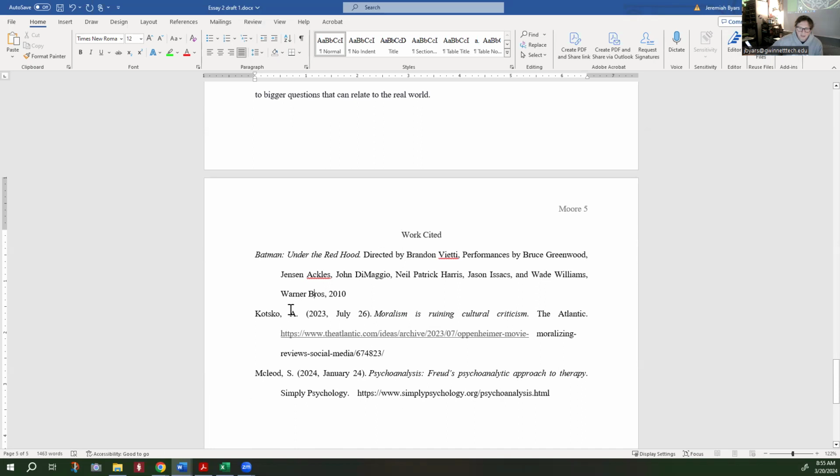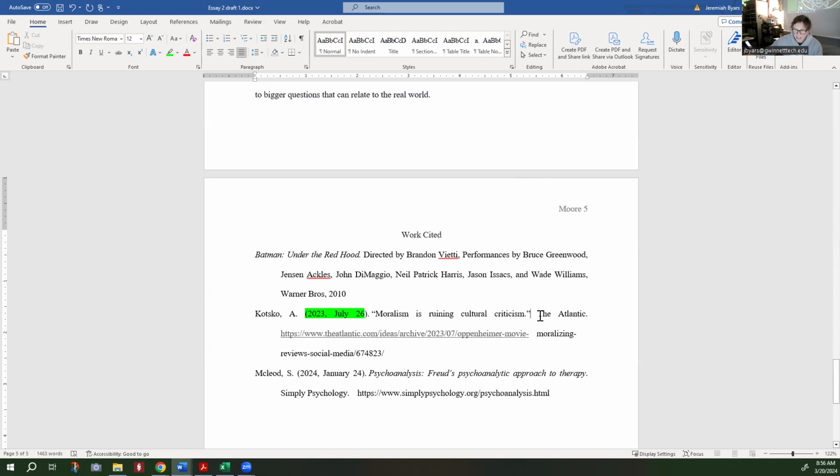That's good. Katsuko. All right, here's some errors. This does not go here. That is incorrect. If that's when it was written, then that needs to be fixed. Also look, this is an article within The Atlantic. The article is not in italics. The article is in quotation marks.